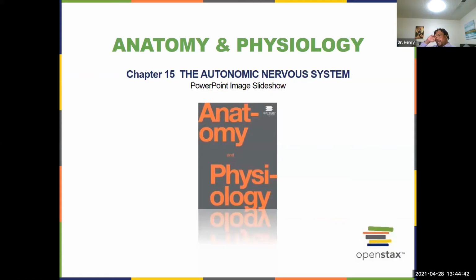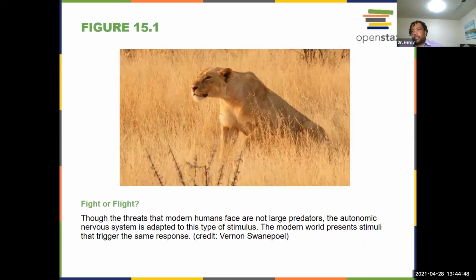Okay, so we're going to be looking at the autonomic nervous system now. The autonomic nervous system is kind of responsible for our fight or flight response, and it can basically be broken up into two divisions.